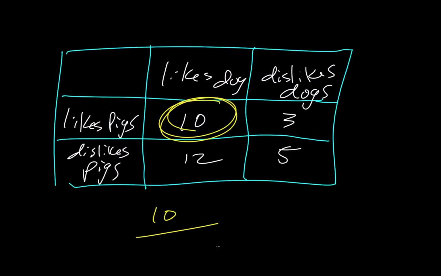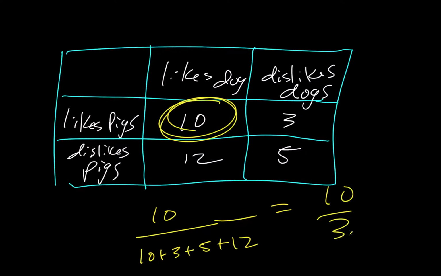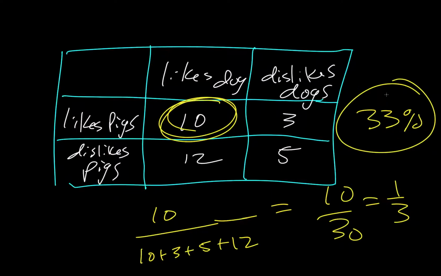So 10 is what we want, and then we're going to divide that by the total. So 10 plus 3 plus 5 plus 12. Okay, so we got 10, and that's going to be 8, 9, 10, 20, 30. 10 divided by 30 is 1/3, which would be about 33%.